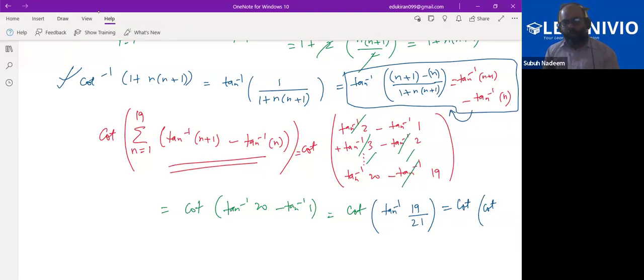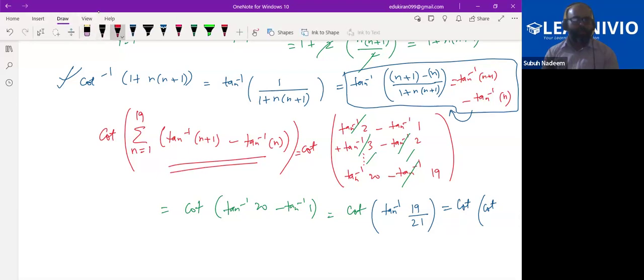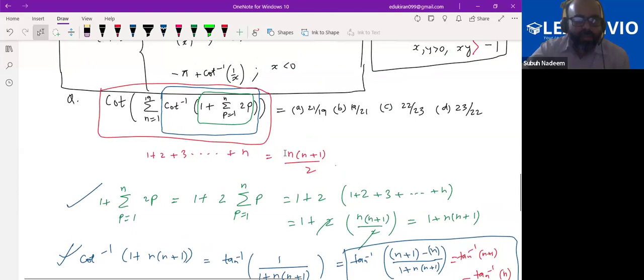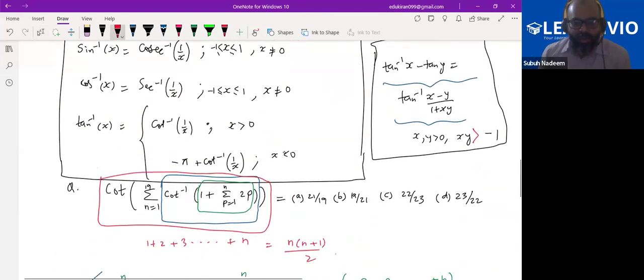So it will be cot inverse of 21 by 19. Now they will get cancelled and you will get the answer 21 by 19, final answer. So this is option A, right?